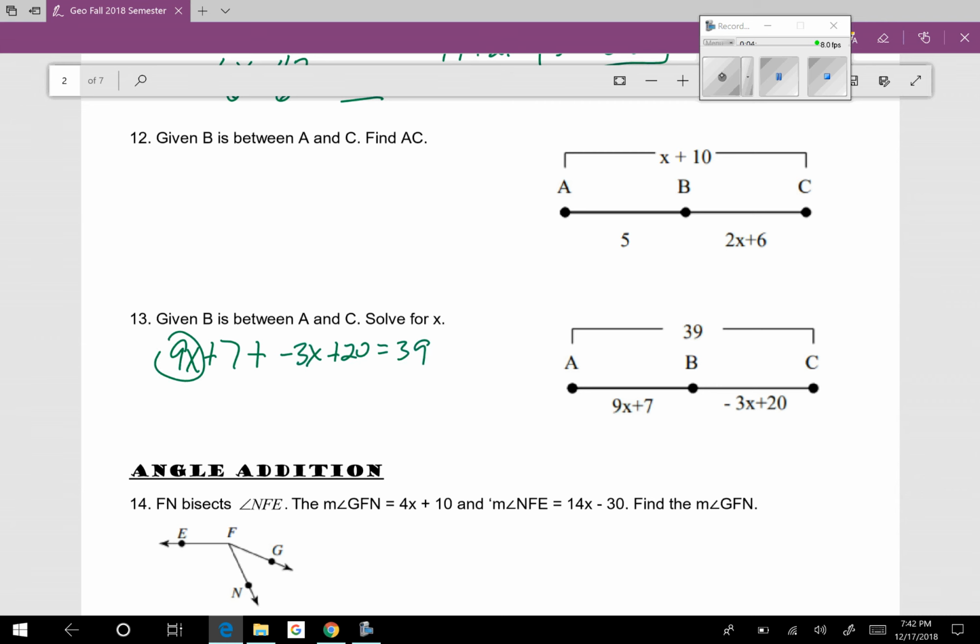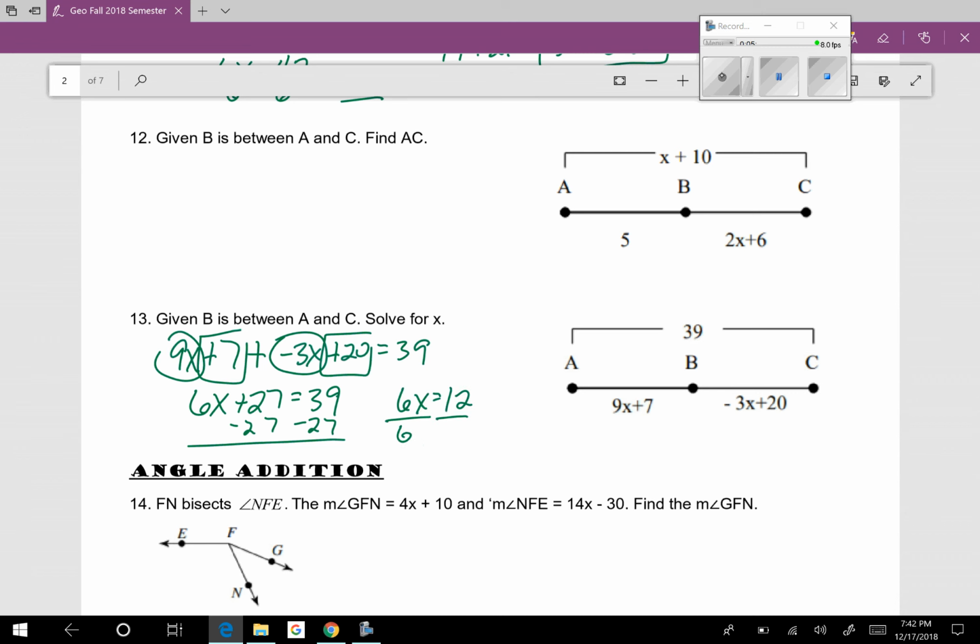So 9x and negative 3x, that makes 6x. And 7 and 20 make 27. That's equal to 39. Take away 27. So we get 6x is equal to 12. Divide by 6. And x is 2. And that's what they wanted. So we just have x.